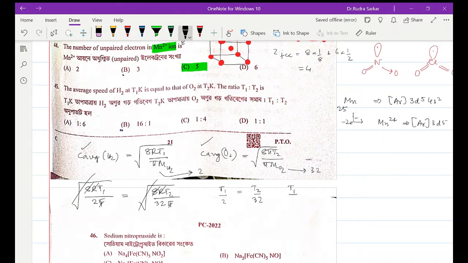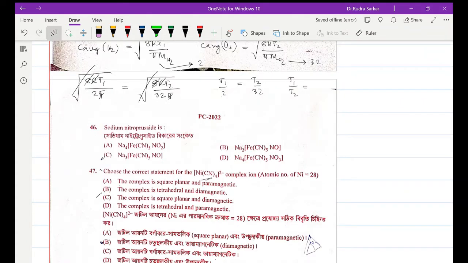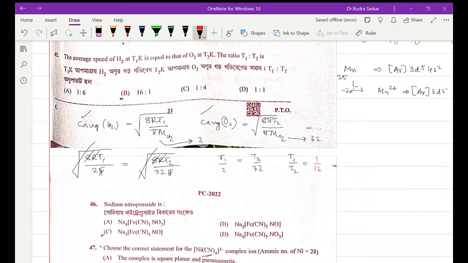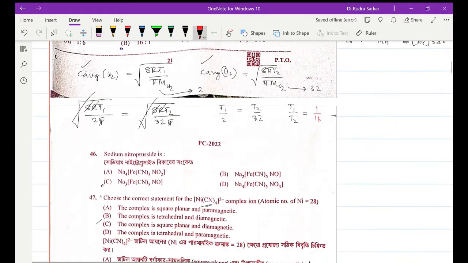So basically T1 by T2 will be, so the ratio out here is going to be 1 by 16, and we do not see an option over here that says T1 by T2 ratio is 1 by 16. So maybe one of the options over here is not correct.